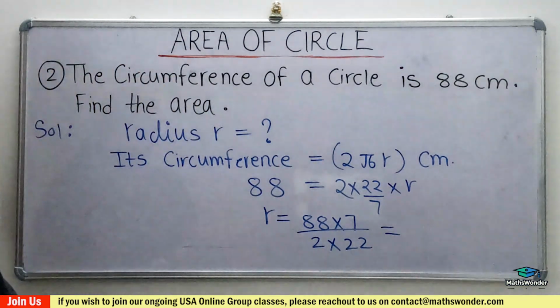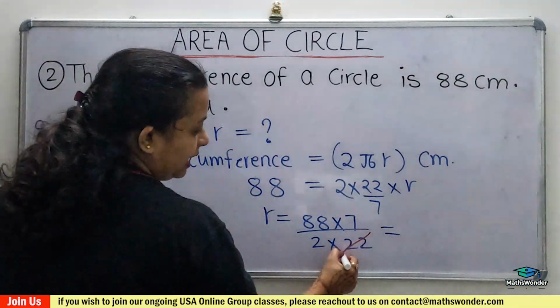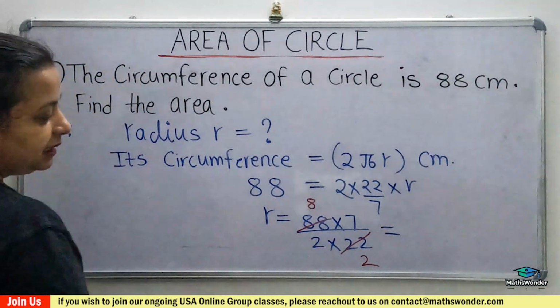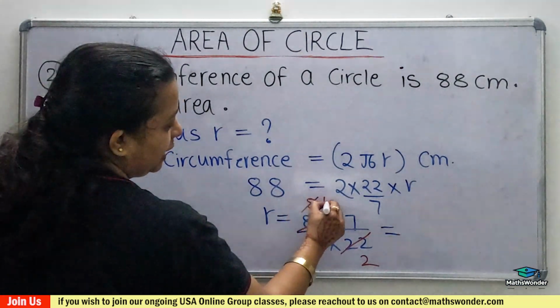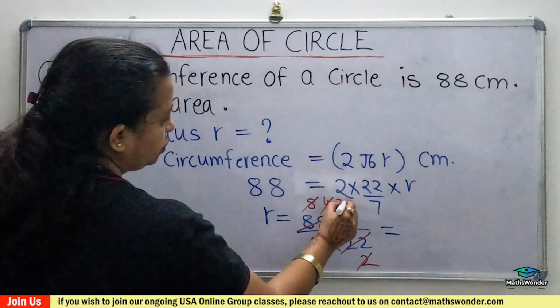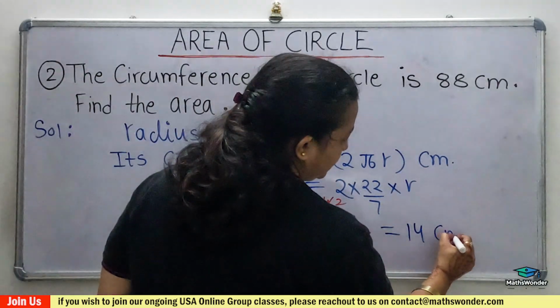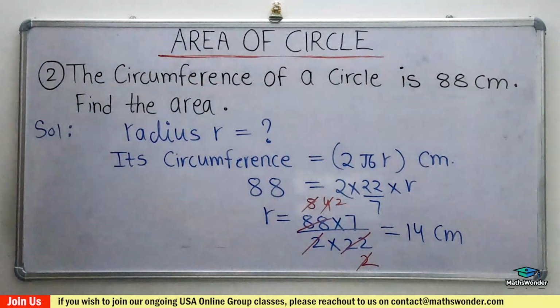When you simplify this, 11 times 2 is 22, 11 times 8 is 88, right? Then 14. 2 times 4 is, yes, correct. So the radius is 14 centimeters. Now after this we'll find the area.